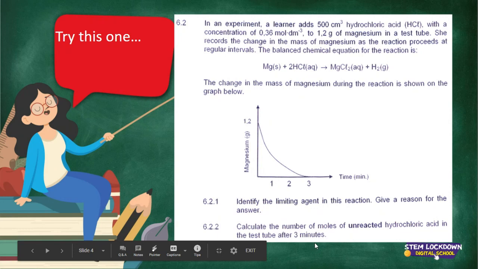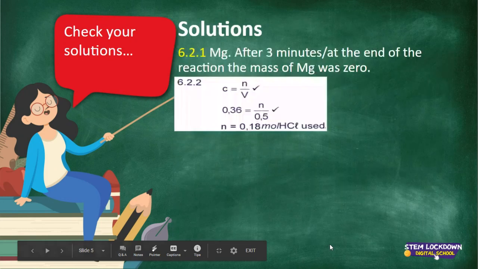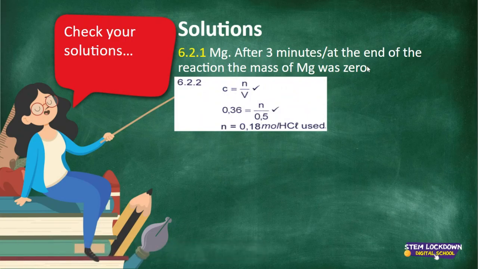And then we have to calculate the number of moles of unreacted hydrochloric acid in the test tube. Right. So we have said that the limiting reagent is magnesium, and the reason is that after 3 minutes, or at the end of the reaction, the mass of magnesium was 0, or magnesium was used up.